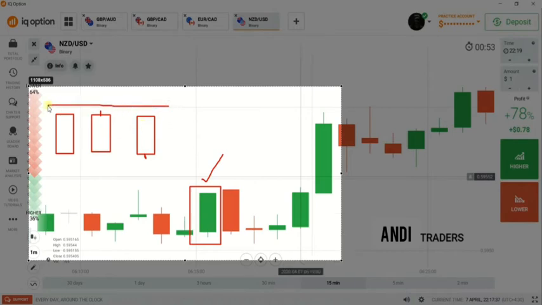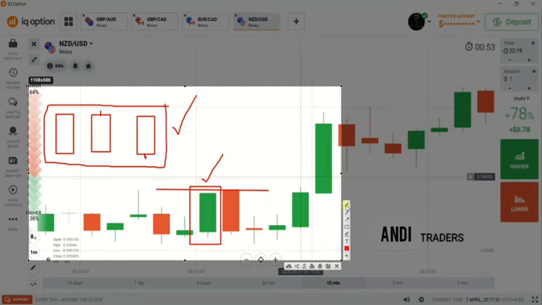So these are the shapes of the Marubozu candlestick, and it is a reversal sign at the SNR like this. You can see we have a resistance level here, and this is a Marubozu candle. You can see here we don't have any wick. So this is a Marubozu candle and it is a reversal sign.